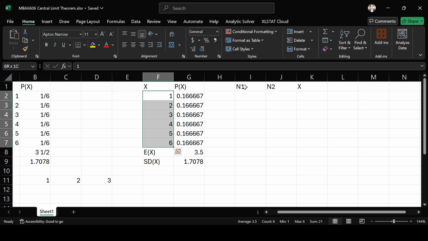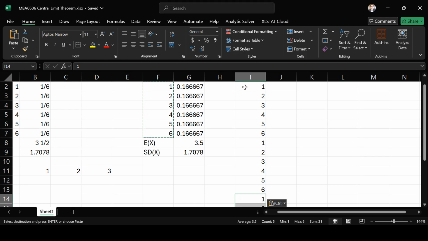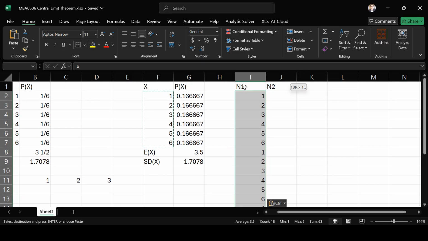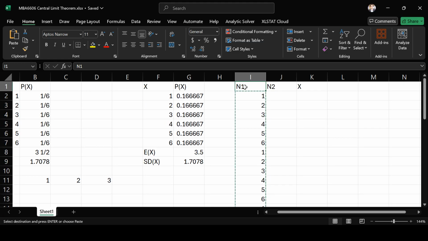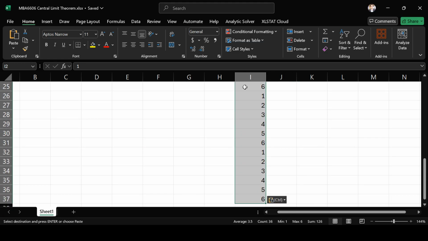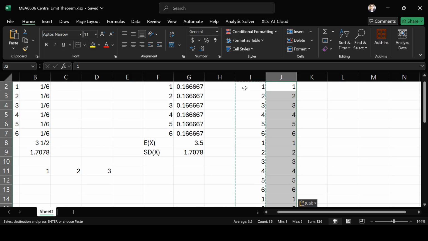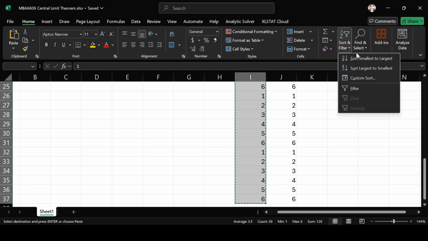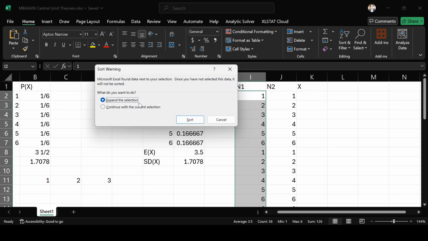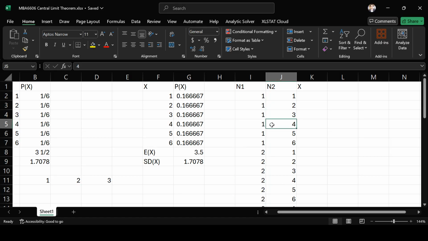So the possible outcomes are, we can take a little shortcut to get it. And let's sort this first column so that all possible combinations are computed.